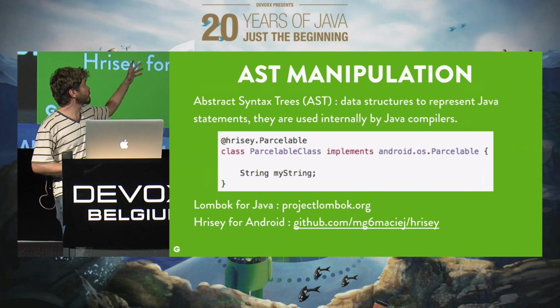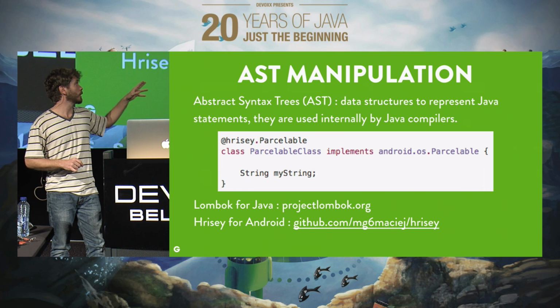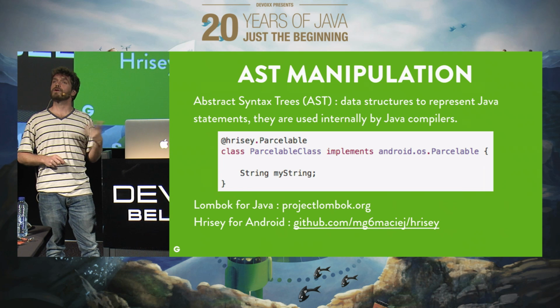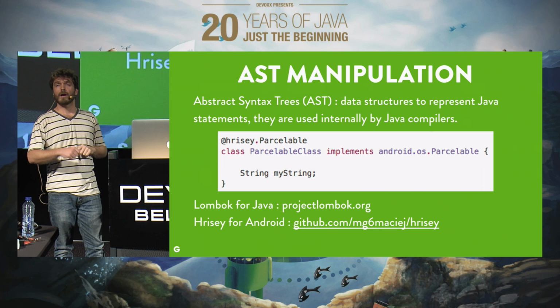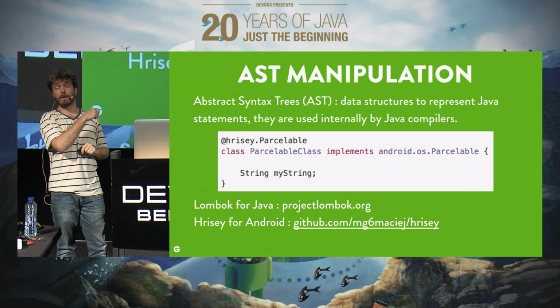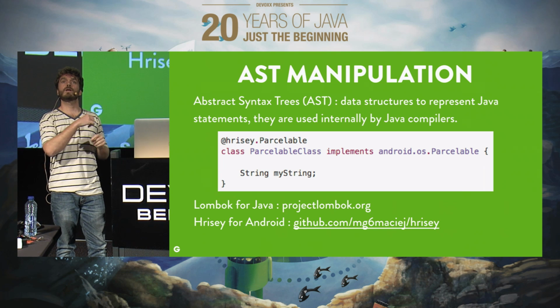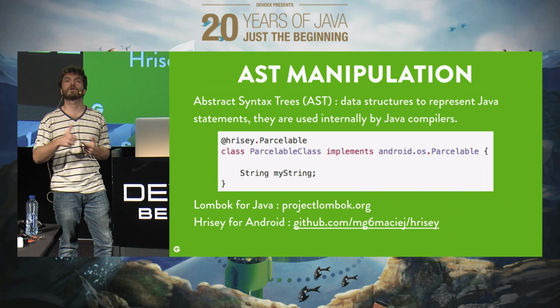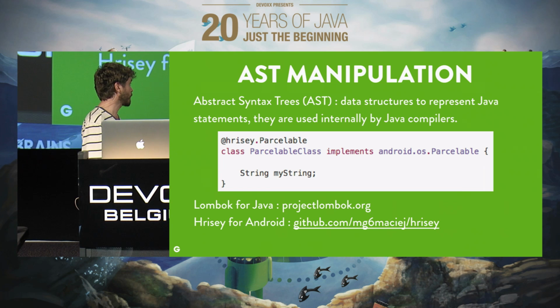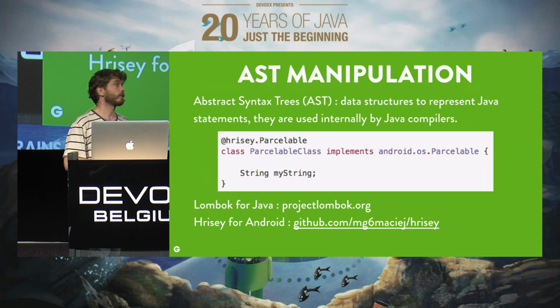So for instance, with this project, you can transform a class into a Parcelable very easily. You can just annotate a class, extend the interface, and by AST manipulation, we are going to add all the methods needed to actually implement the Parcelable interface: the creator, the describeContents method, and the serialization method.